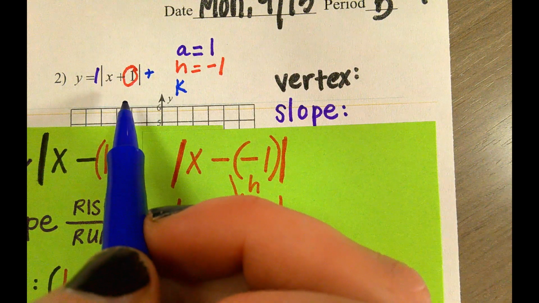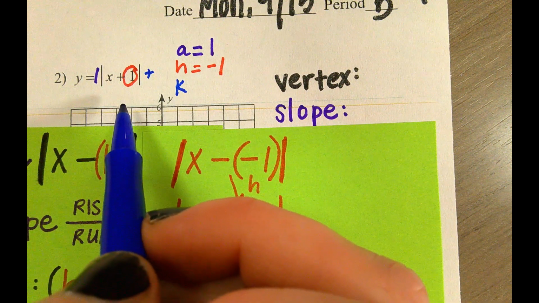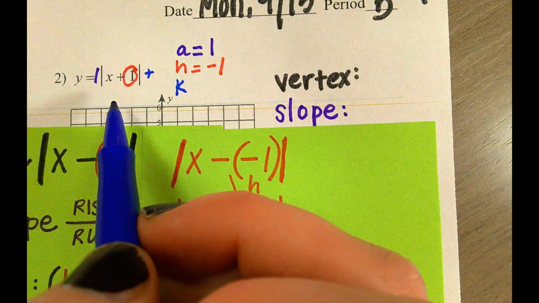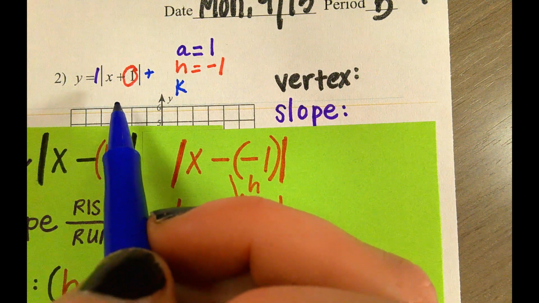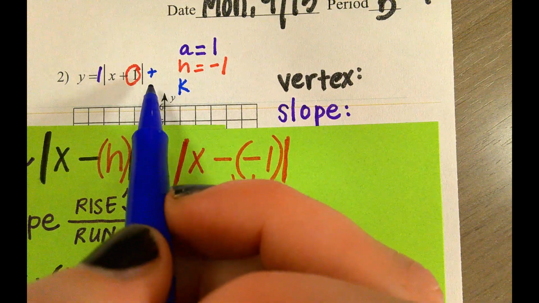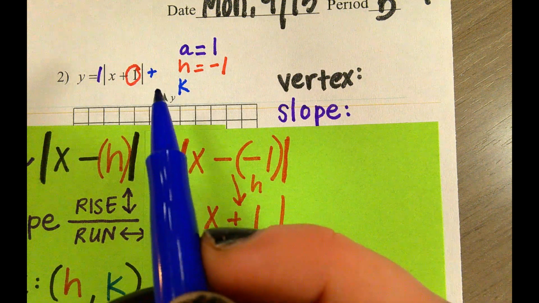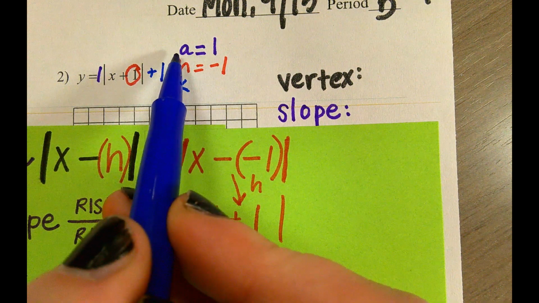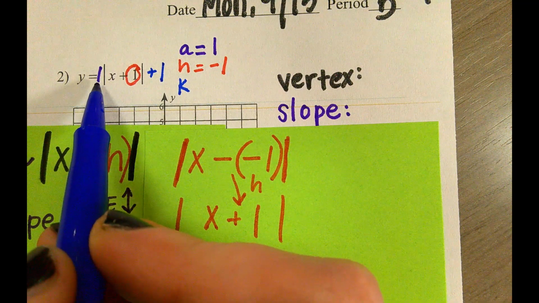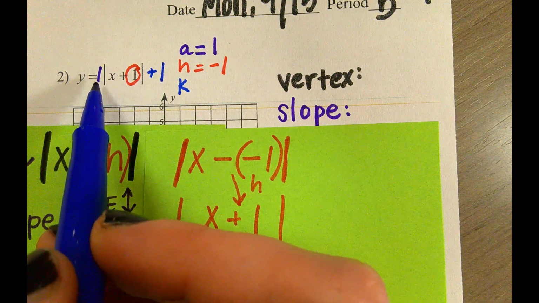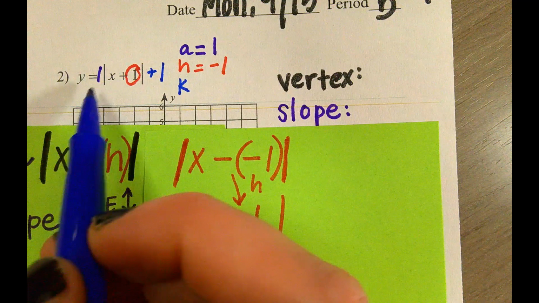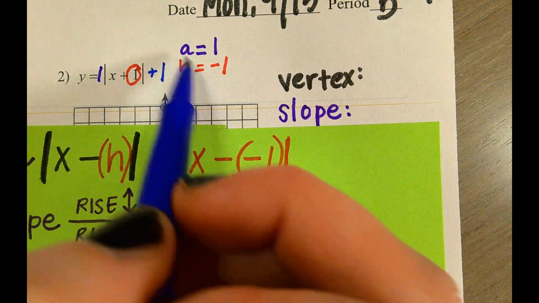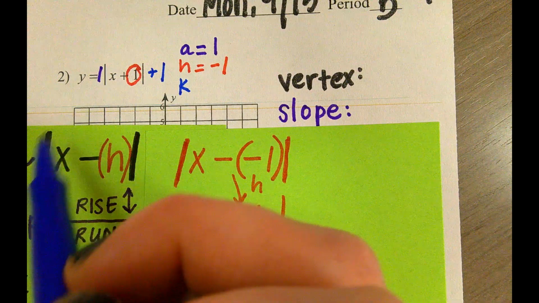Why can it not be 1? Well, because if it was 1, it would say plus 1. The reason A is 1 whenever there's no number is that if A was 0, then this would be 0 times all of this, and everything would disappear.